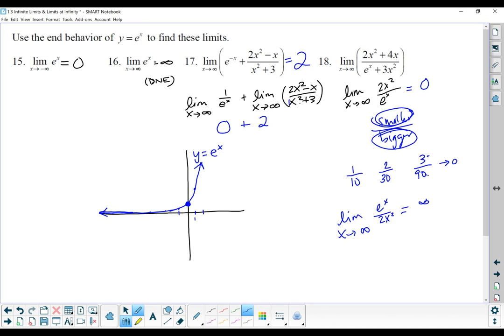These ones are a little tricky and we'll keep practicing them, so don't worry about it if you're like, huh? Because we will practice them and we'll talk more about how you can tell which function's going to kind of win. So, if the top wins, getting bigger, then the limit would be positive or negative infinity, depending on the signs. But if the bottom is winning that contest of growth, then the limit would approach 0.